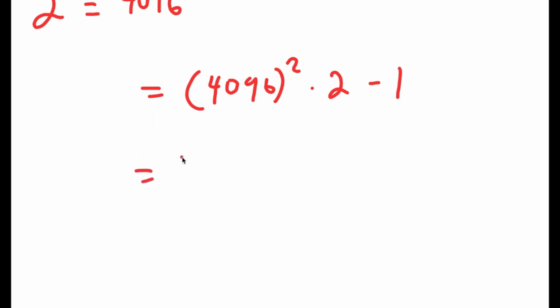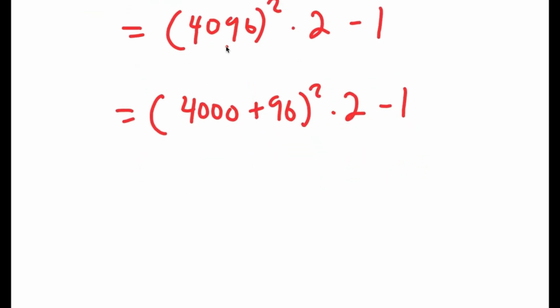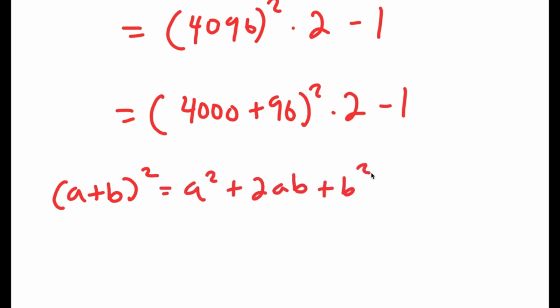And now I'm going to simplify this: this is equal to 4,000 plus 96 squared times 2 minus 1. The reason I'm doing this is because 4096 squared is really hard to calculate by itself. So if we change it to 4000 plus 96 squared, I can use the property a plus b squared is equal to a squared plus 2ab plus b squared.